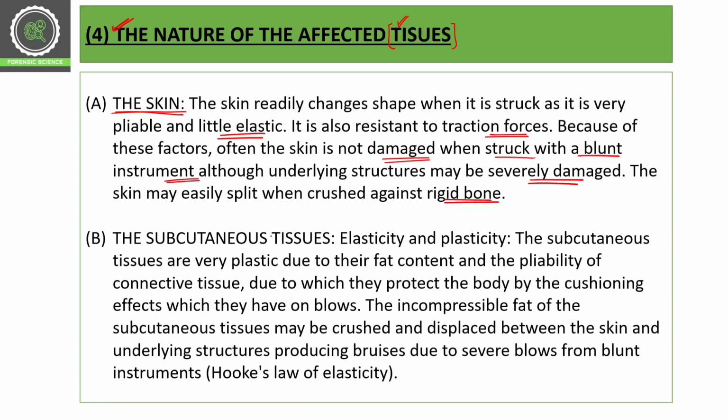Next we have the subcutaneous tissue. Subcutaneous tissues have elasticity and plasticity both. The subcutaneous tissues are very plastic due to fat content and pliability of connective tissue. Okay, so because of the fat content, our fat tissues are present at the subcutaneous tissue level.